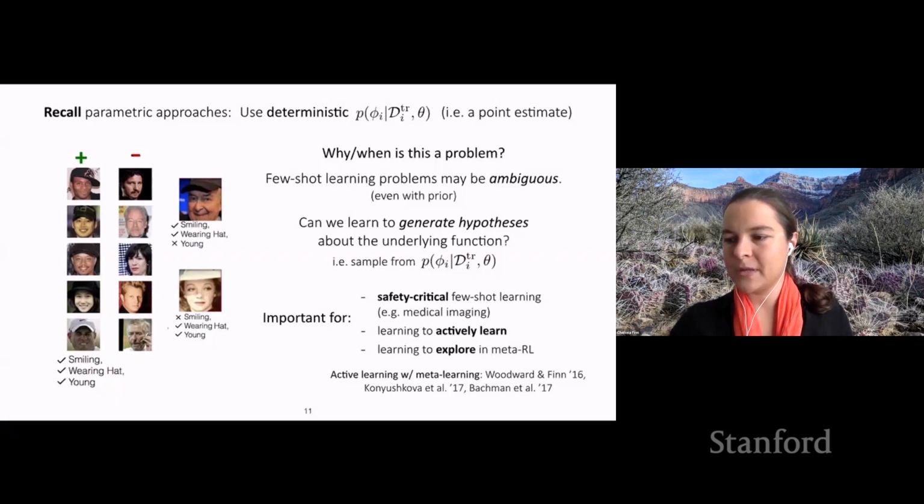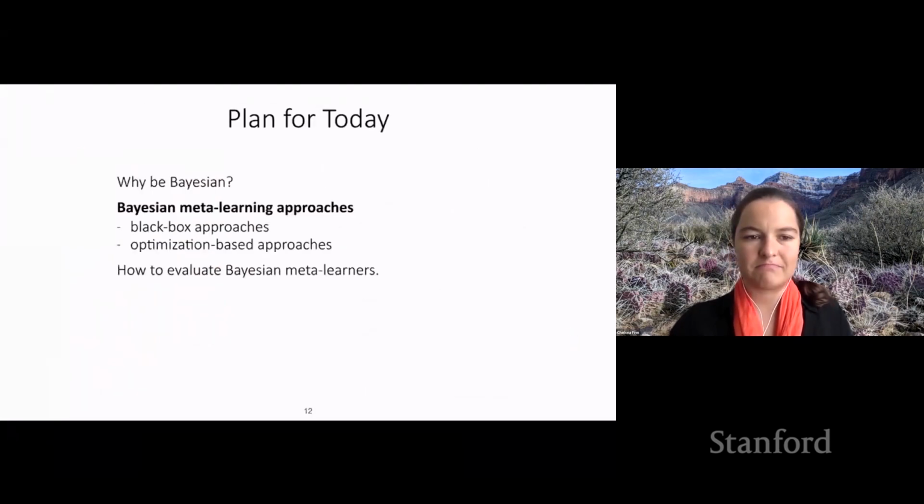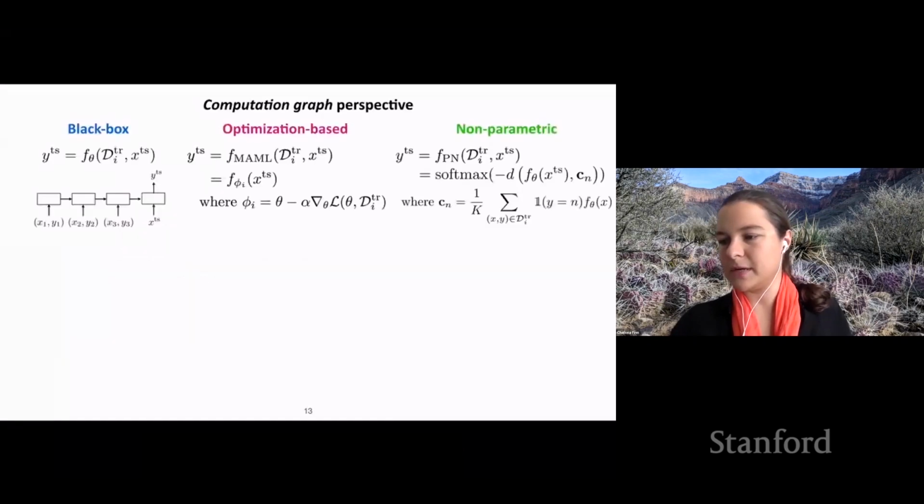Okay, so now let's talk about some approaches for actually developing Bayesian metalearning approaches that can represent their uncertainty and represent these distributions. It'll be helpful first to go back to the computation graph perspective, where we can view each of these metalearning algorithms as producing a prediction over y, given your training data set and your test input.